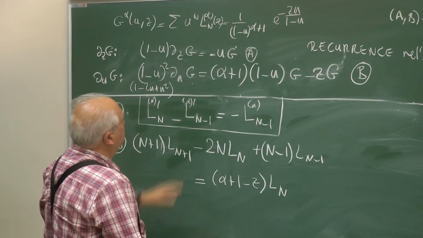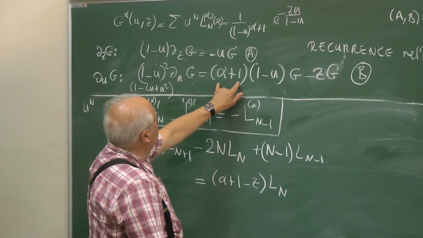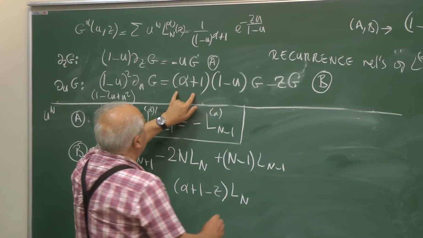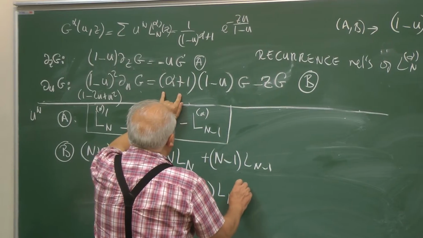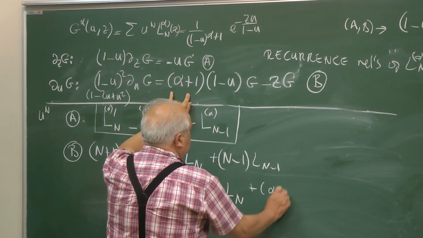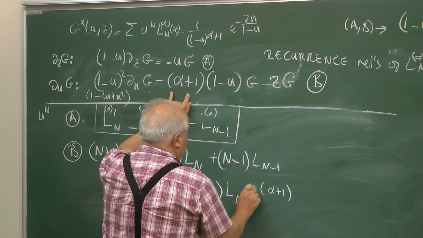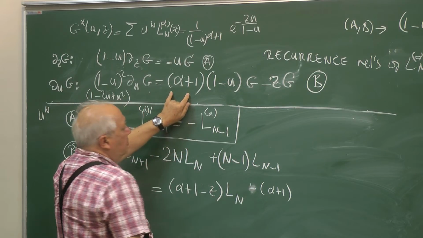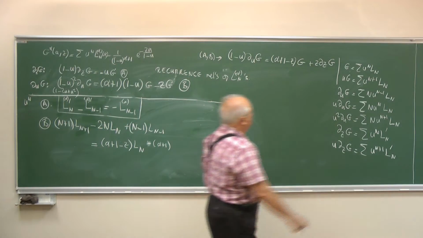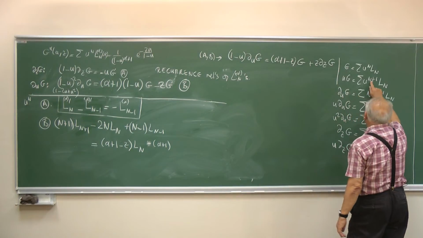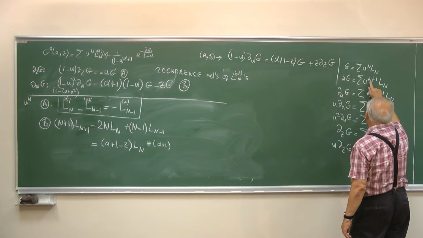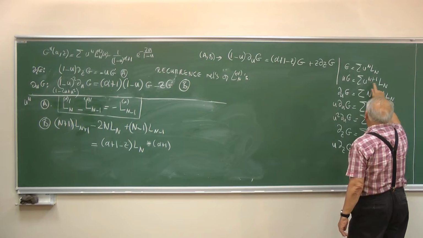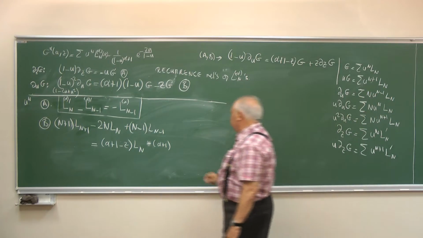Then we have this one, plus (alpha plus 1 minus u) G. uG is here. Reduce n by 1. This is L_(n-1).